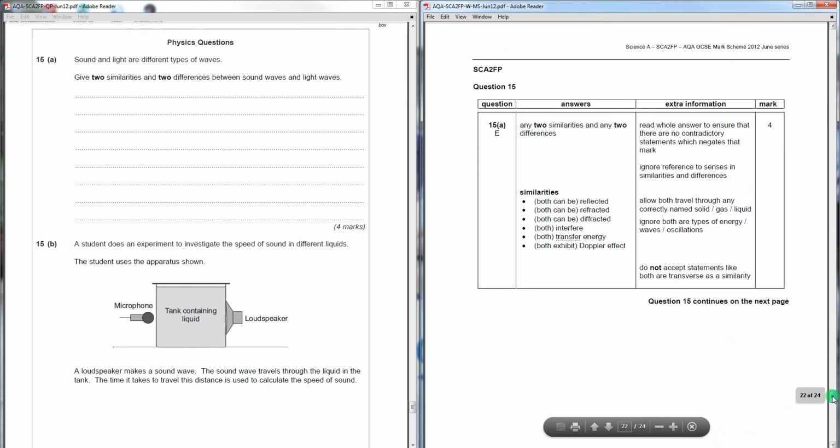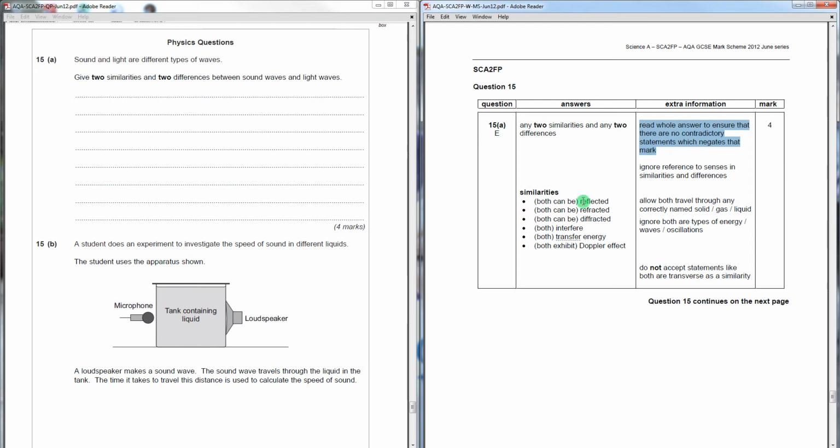Just to go back for a sec, just to note this point at the top of the mark scheme, it says read the whole answer to ensure there are no contradictory statements which negates that mark. What that means is that if you've said something correct, but then you've said something later on that disagrees with that and is incorrect, then you don't get the mark for that point.